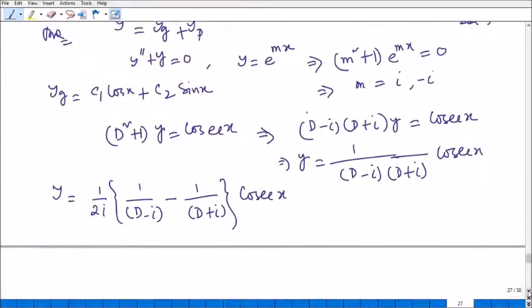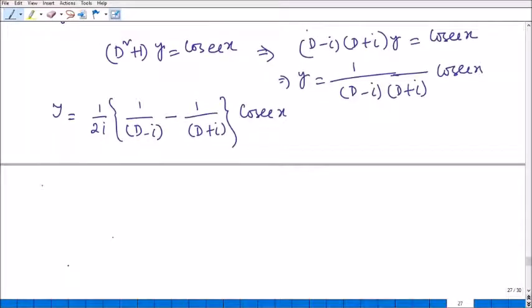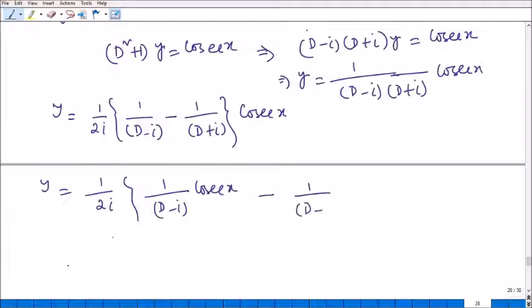So now y equal to 1 by 2i. Here first 1 by D minus i is operating on cosec x, then minus 1 by D plus i is operating on cosec x.